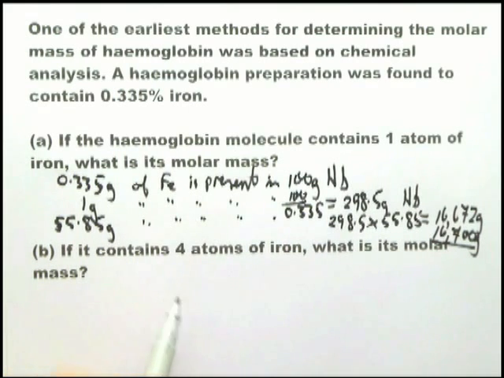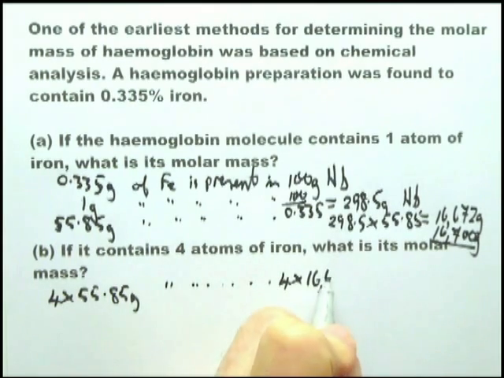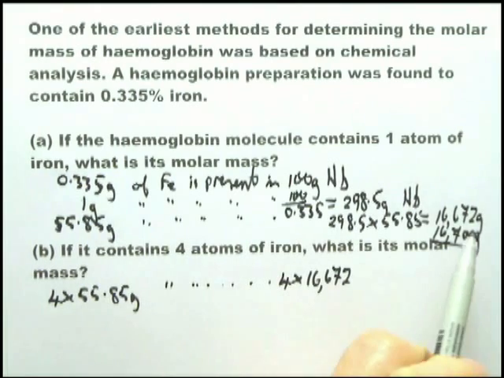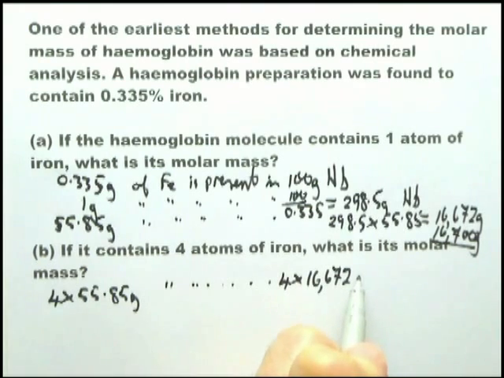If it contains 4 atoms of iron, now I'm not a biochemist, but I understand hemoglobin does contain 4 atoms of iron, so you simply multiply that number 4 times 16,672. I go back to the more accurate number in order to do this calculation.